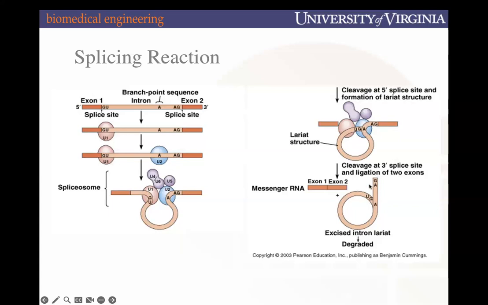This spliced-out region of the mRNA that encoded for the intron has no 5' cap and no poly A tail, so it will be degraded immediately. And so this is how different exons are fused together to create a mature mRNA.